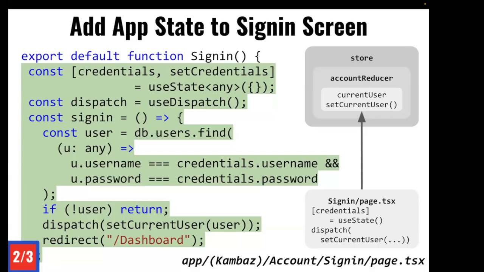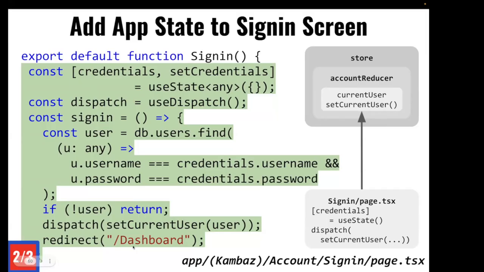It says, hey, I did find a user, they are in the database. Let's store it in the reducer in the store, so that globally, all the other pages are going to be able to pull down who the current user is, and write logic based on whether somebody's logged in or not, and what their role is. Now, if I successfully logged in, we're going to redirect you and take you to the dashboard.